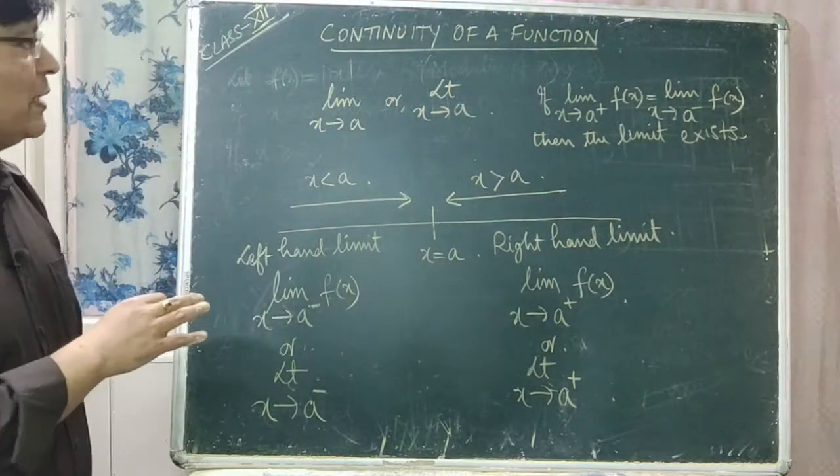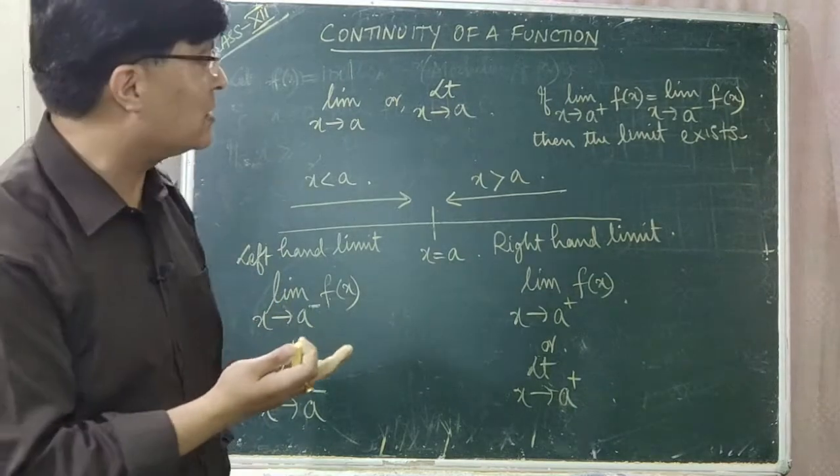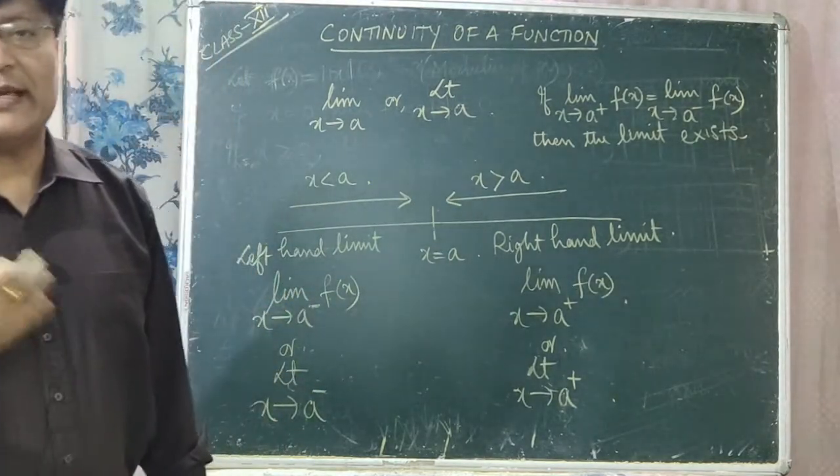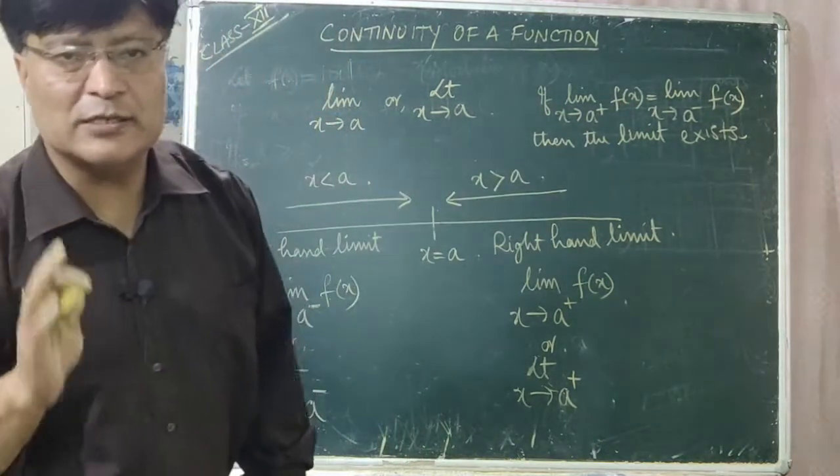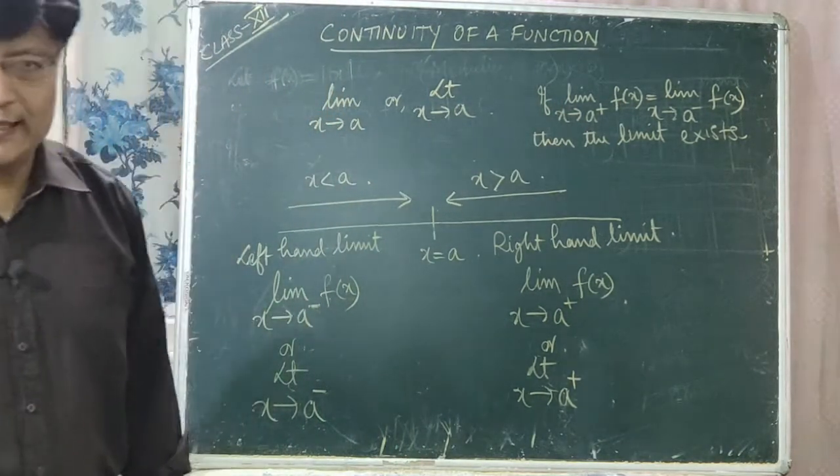If the right hand limit is equal to the left hand limit, then the given limit exists. Otherwise, if they are not equal, the limit does not exist. Is that clear to all of you?